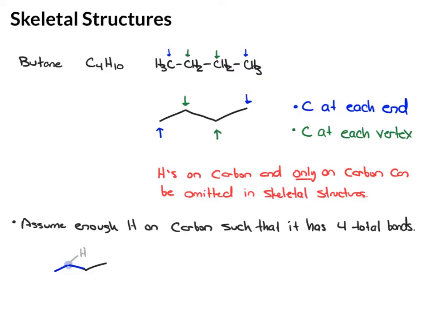There's the 3rd bond and the 4th bond. It's not to say you can't draw them in, because sometimes when we do mechanisms and things later in the semester, I will draw in the implied hydrogens on a skeletal structure just to make it clear, but they don't have to be drawn in.